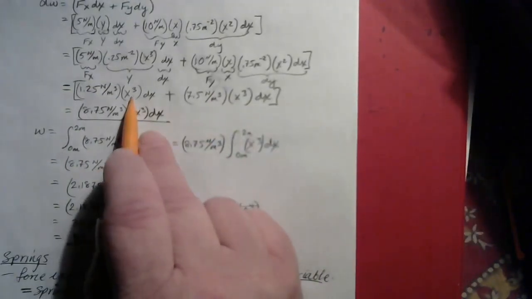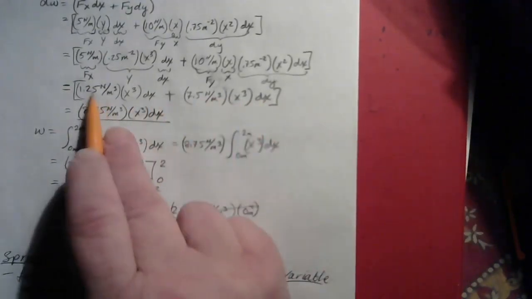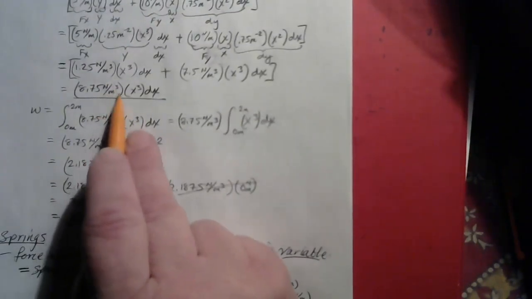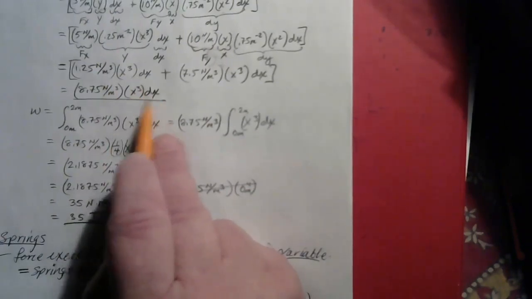In each of these terms you've got x to the third dx, and you just add the numbers up and get 8.75 newtons over meters to the third times x to the third times dx.